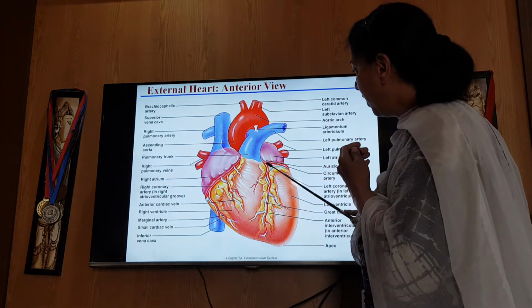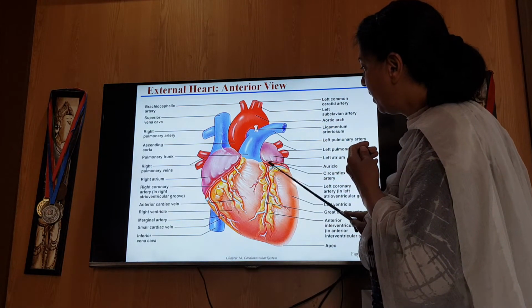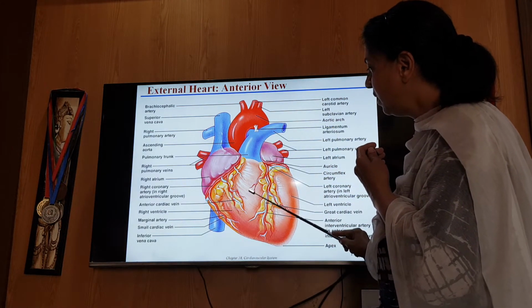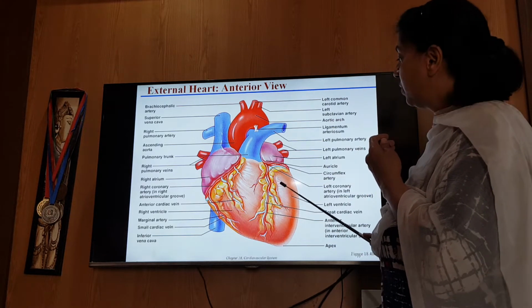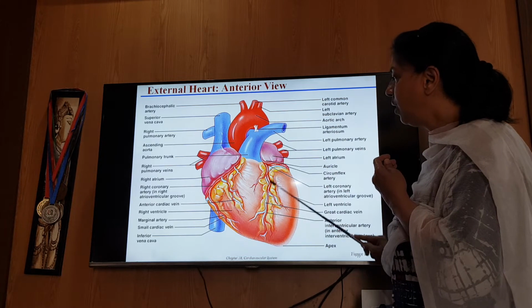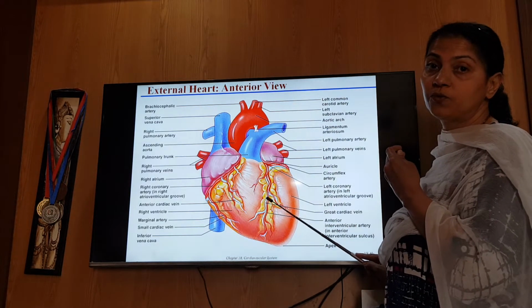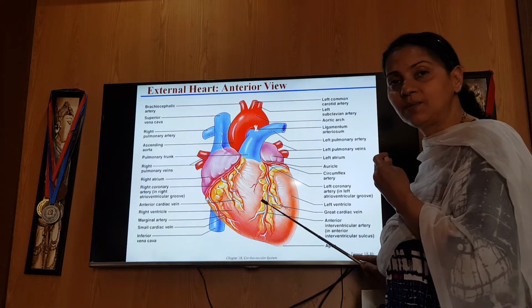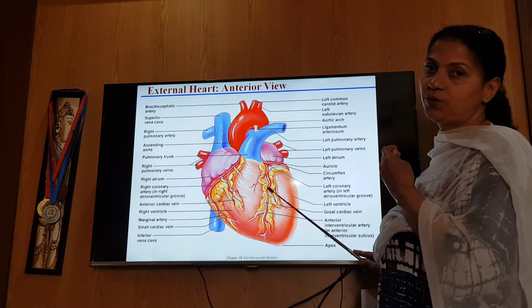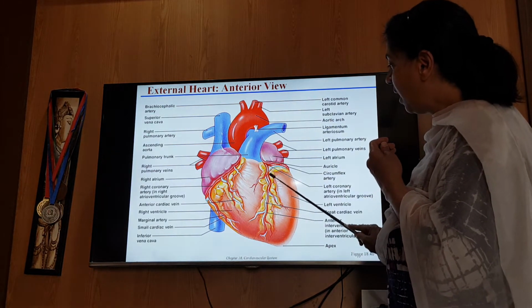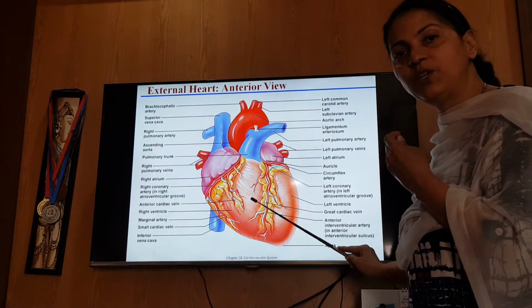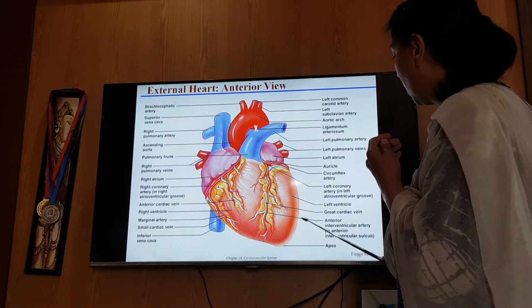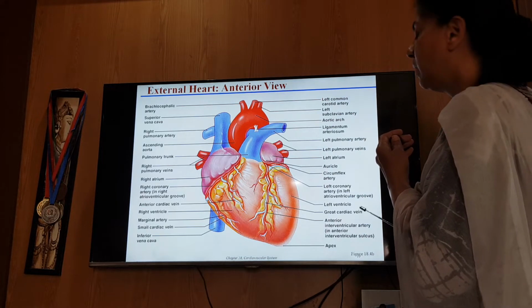Then one more branch of the left coronary artery is here between right ventricle and left ventricle. Clear? So what is this area called? Interventricular groove. But which one? Anterior interventricular groove. So this artery which is lying in the anterior interventricular groove is called anterior interventricular artery.